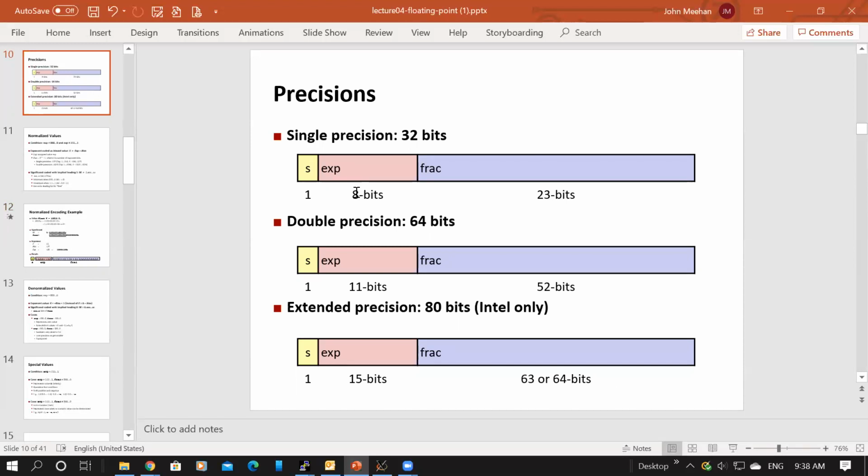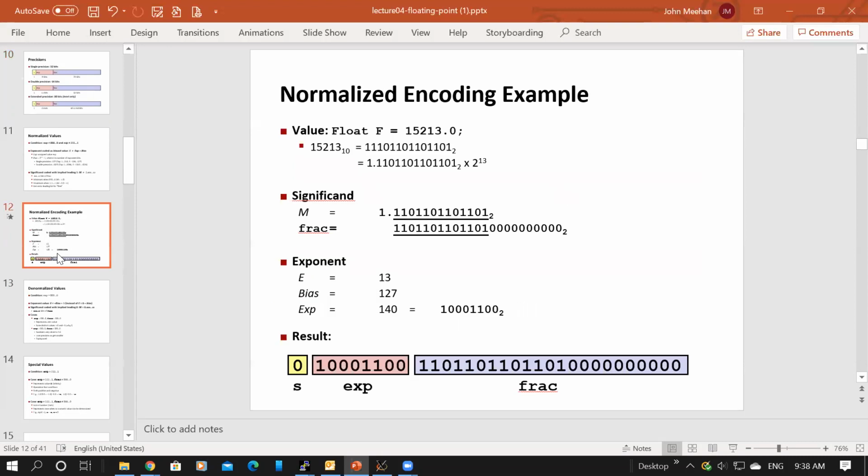So that's 9. So I have 23 bits left over in this 32-bit word to hold the fraction, right? So there's my 32 bits. To represent this stuff, I don't need all of them. So they just have zeros out on the end of it, right? Does that make sense?